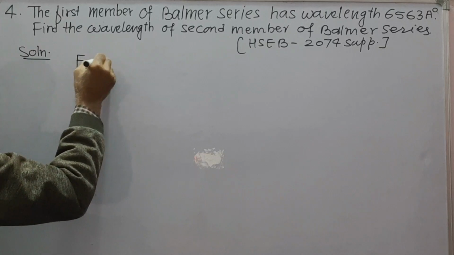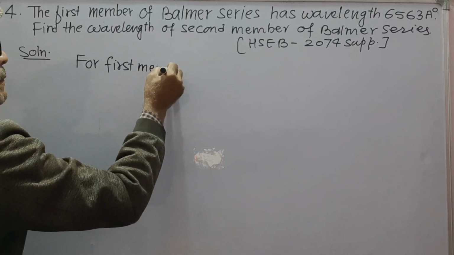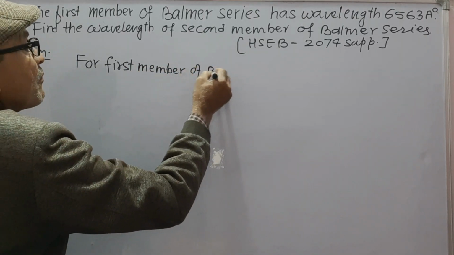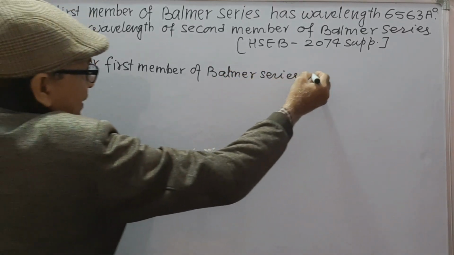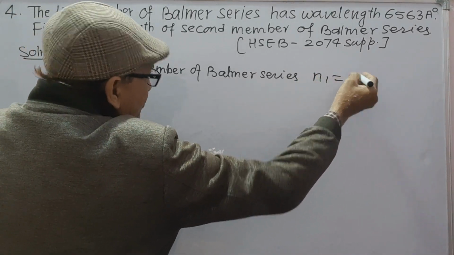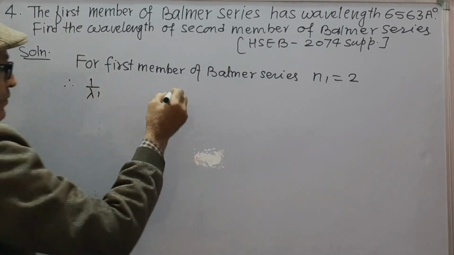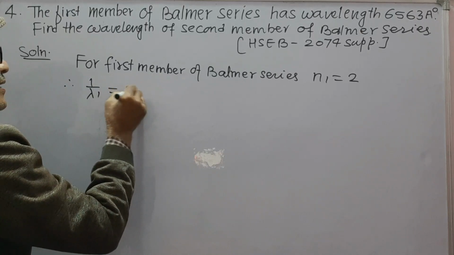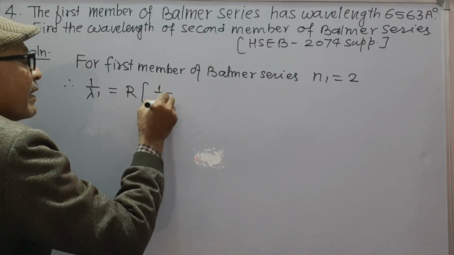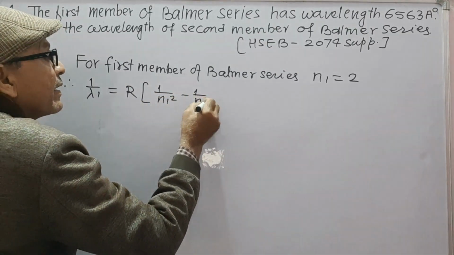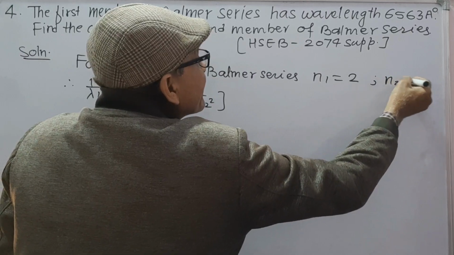For the first member of Balmer series, n1 is 2, therefore 1 upon lambda 1 will be equal to Rydberg constant R times (1 upon n1 square minus 1 upon n2 square), and n2 is 3.